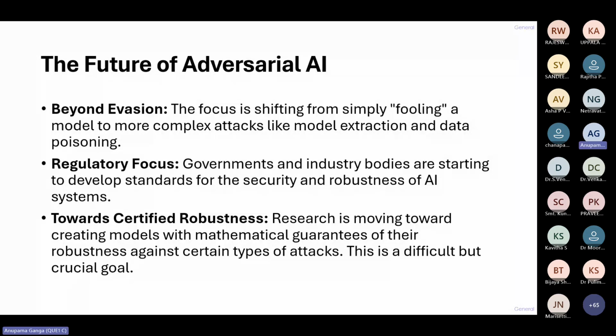So what we have to focus on is this poisoning, stealing, and these privacy attacks. Okay. So government is also trying to step in, and they are trying to develop some standards for security and robustness of these AI systems. And probably we might have some day mathematically guaranteed systems which will certainly restrict these attacks. Okay.